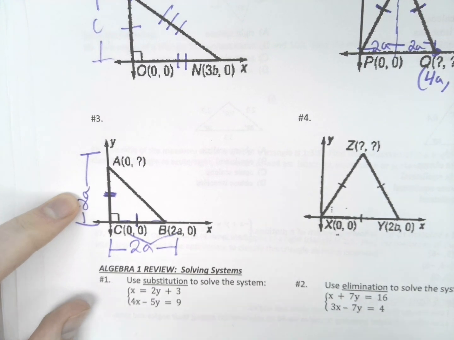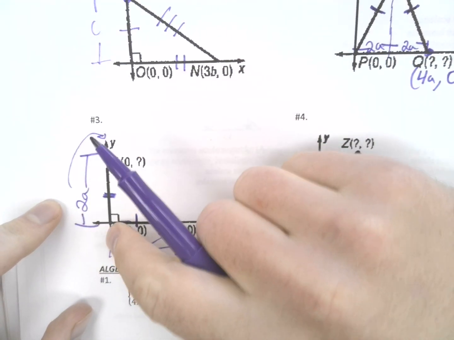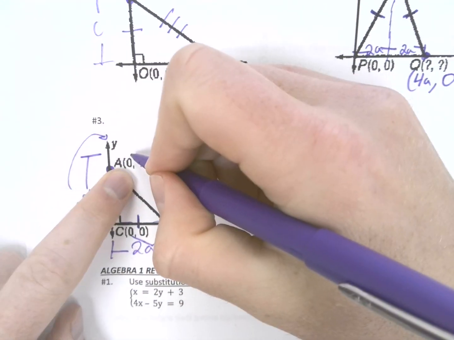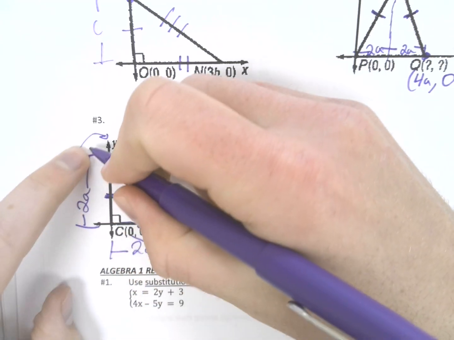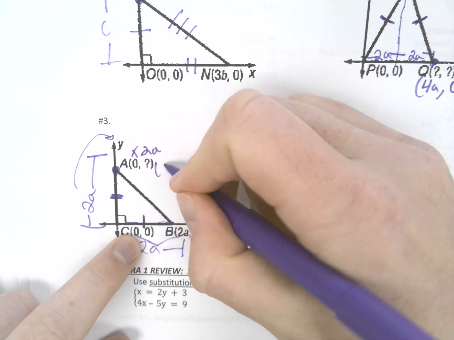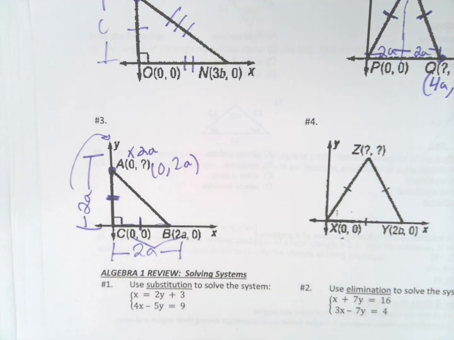The tricky part is this is on the y-axis. So we went 2a up on the y-axis. We know x is going to be 0. That 2a applies to the y. So 0, 2a would be a here.